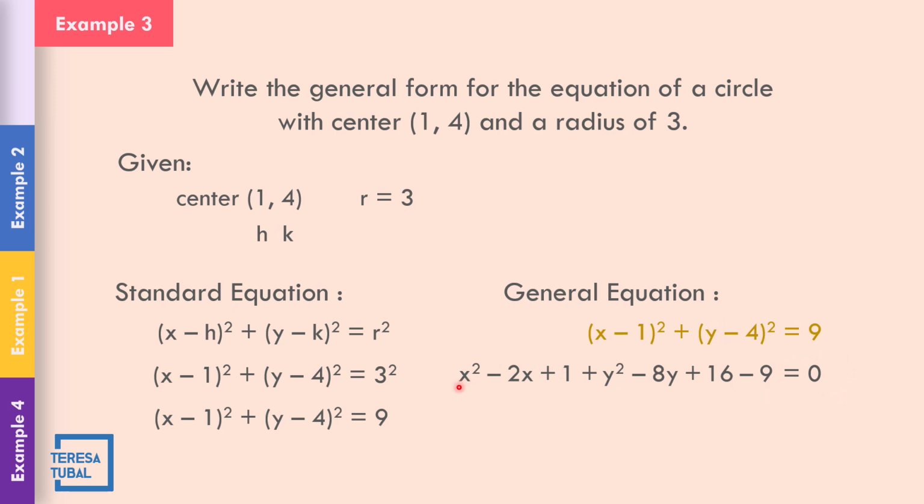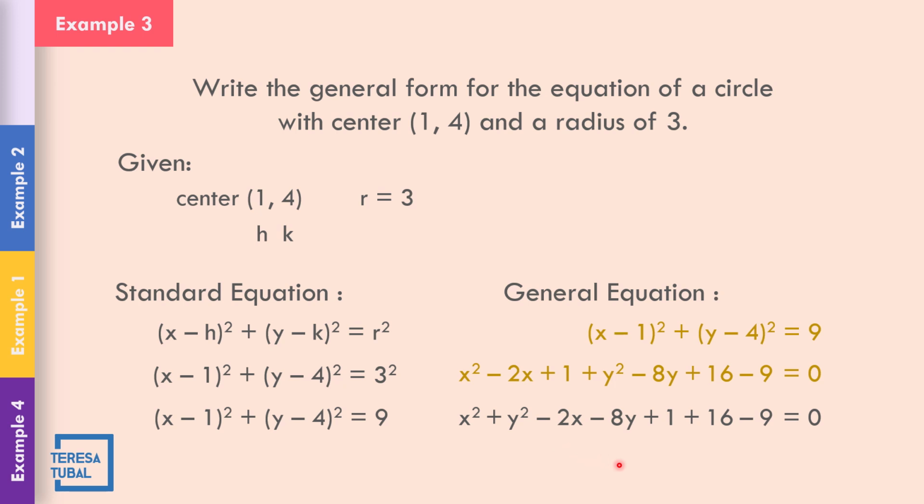So let us arrange into the general form of the equation of the circle. Copy x squared, copy y squared, copy negative 2x, copy negative 8y, and then bring down all the constants: positive 1, positive 16, and negative 9. Let us combine 1 plus 16 minus 9.